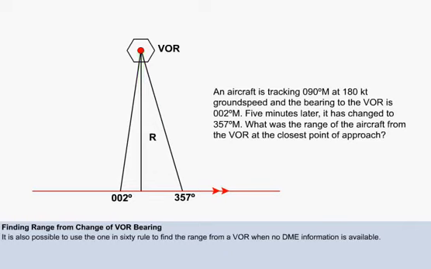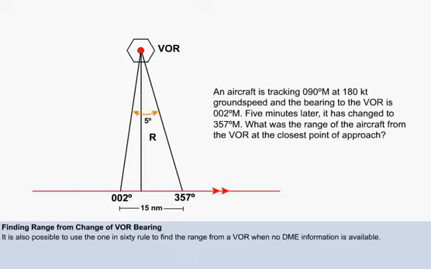You can treat this as 2 separate right-angled triangles of 2 degrees and 3 degrees at the top, but it is easier to treat it as a near right-angled triangle with 5 degrees at the top. The aircraft has a ground speed of 180 knots. This is 3 miles a minute. 5 minutes of flight therefore gives a ground distance of 15 miles between the first bearing and the second.